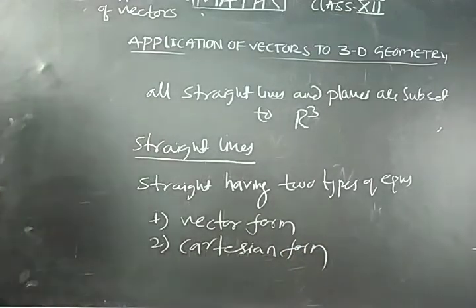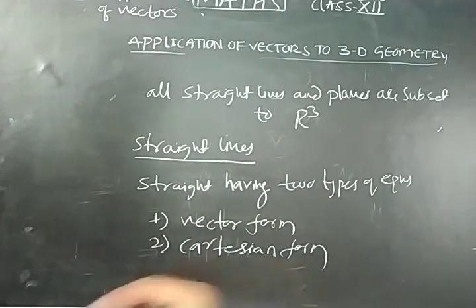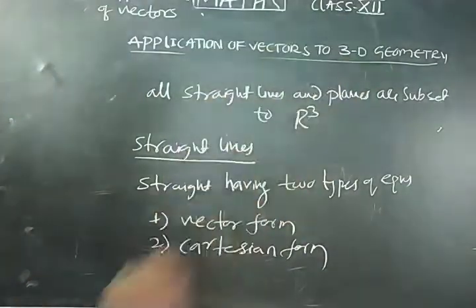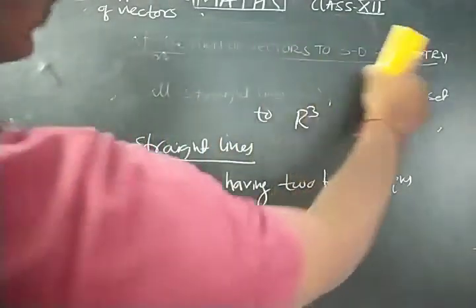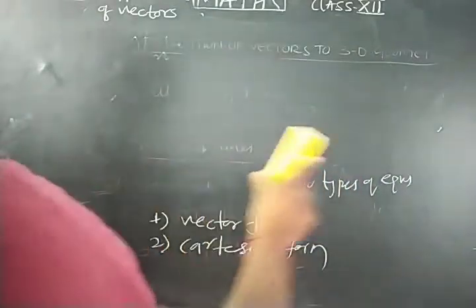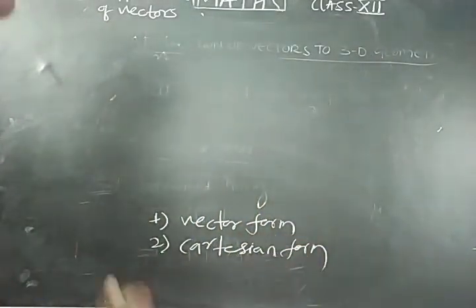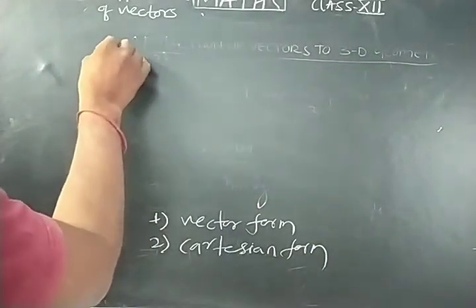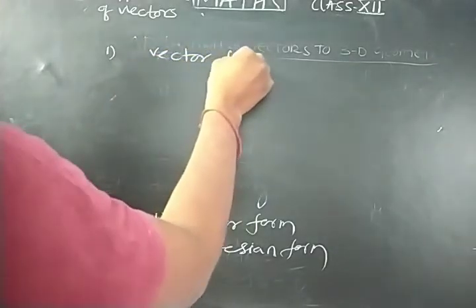To express the vector form we need one point on the line with its position vector, and any arbitrary point on the line with position vector, then we can derive the vector form. And in vector form again we have two forms: one having the parameter, another not having the parameter.